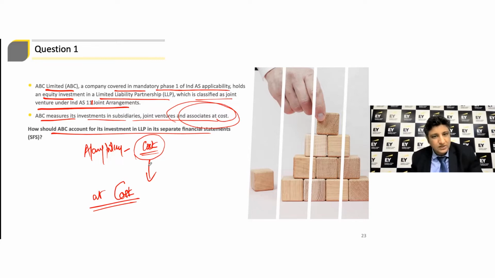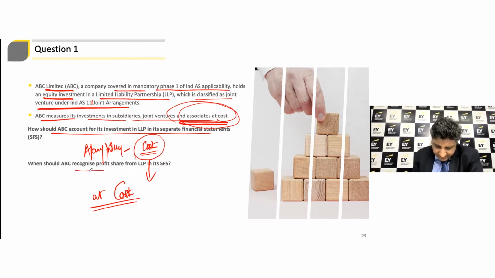You can either use the cost method, or the fair value as per Ind AS 109. Since the company is already using cost for all such investments, there's no other option but to use the cost model only. All right, let's have a look at the formal solution.